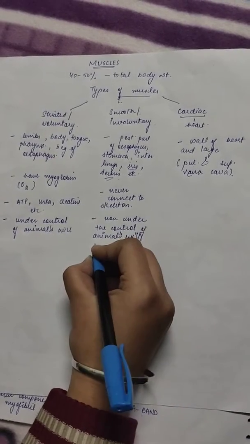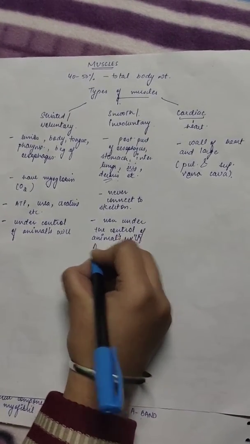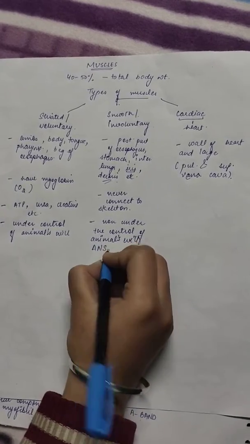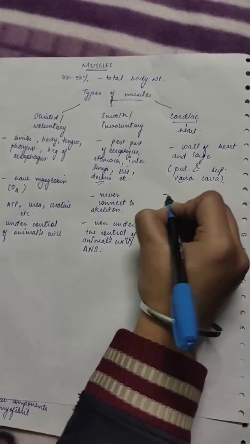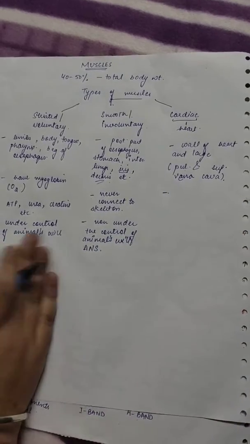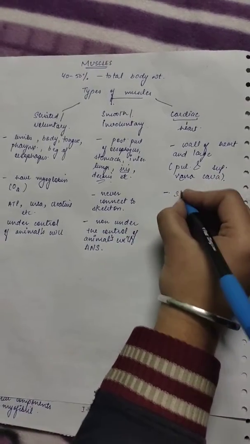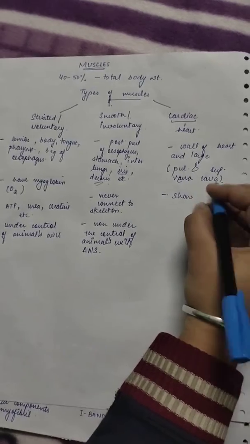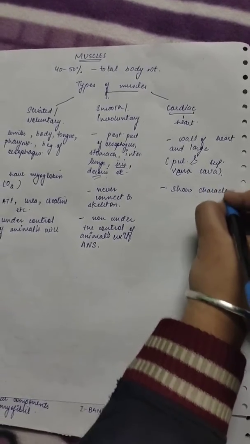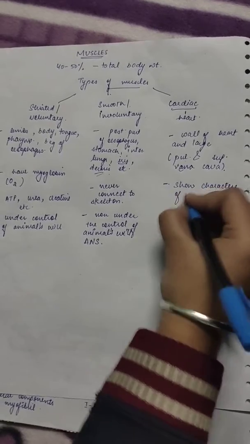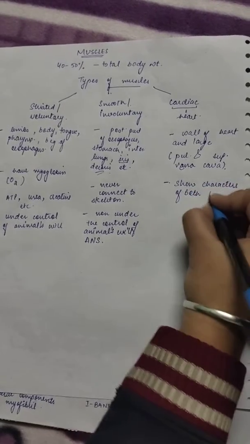In turn, they are controlled by the autonomic nervous system. Whereas the cardiac muscles show the characters of both striated as well as non-striated muscles.